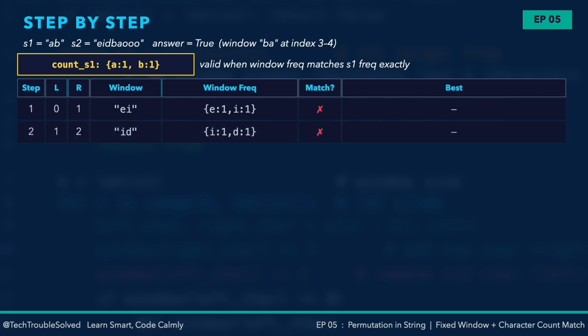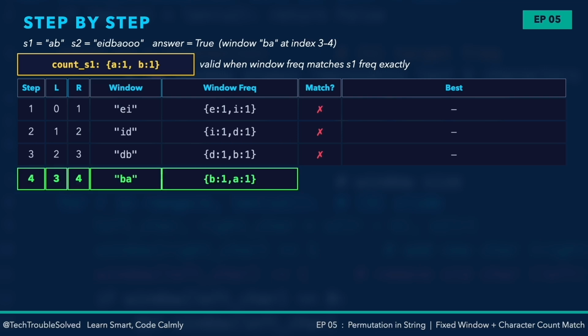Window is ID. Window frequency is I with 1 count and D with 1 count. Match? No. Slide. Step 3. L is 2, R is 3. Window is DB. Window frequency is D with 1 count and B with 1 count. Match? No. Slide.